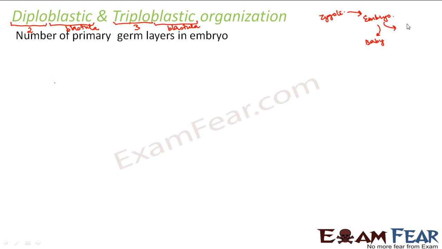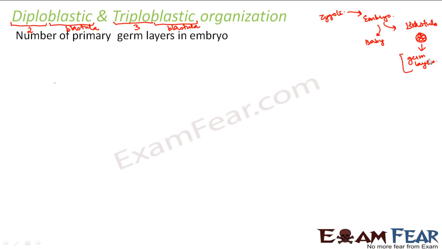So when this embryo develops, you have this stage called blastula, which is nothing but a spherical group of cells, right? It is a hollow sphere-like structure. This blastula will grow and gradually give rise to germ layers.